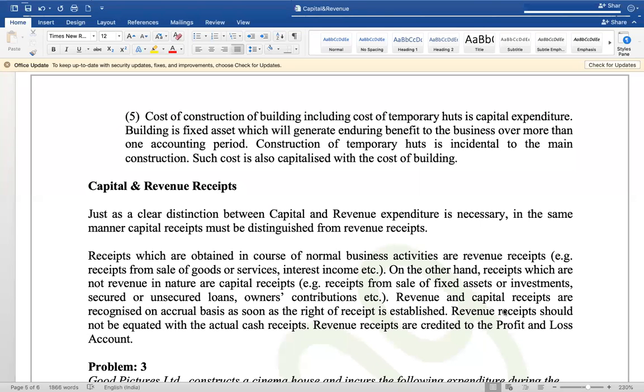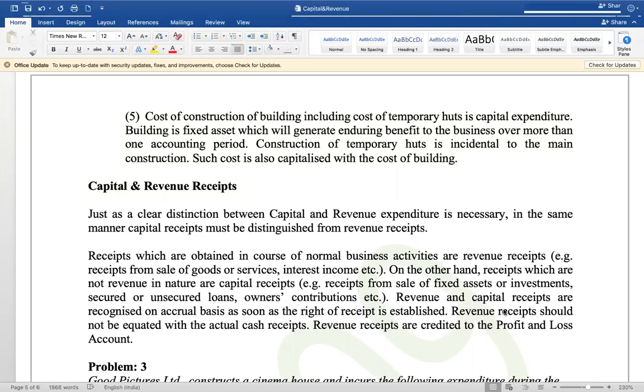When you raise 10-year debentures, you keep that money for 10 years. Take the example of share capital. If it is equity share capital, as long as the company exists, the share capital remains with the company. Share capital that is raised from the public is a capital receipt.